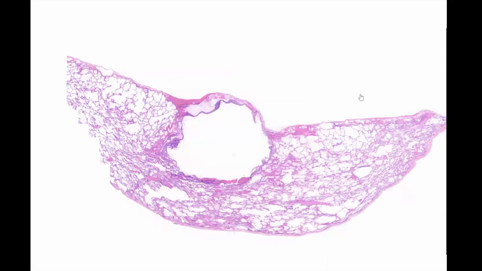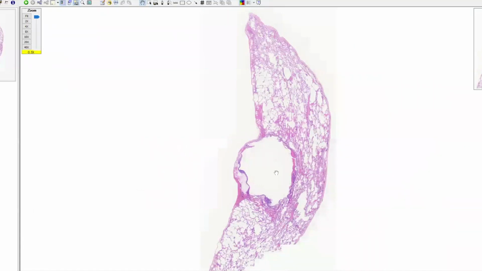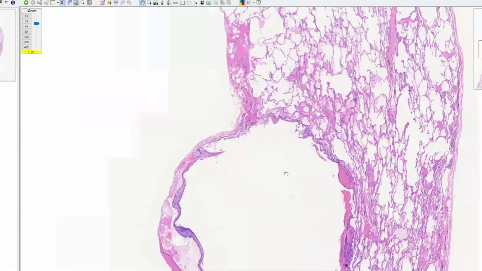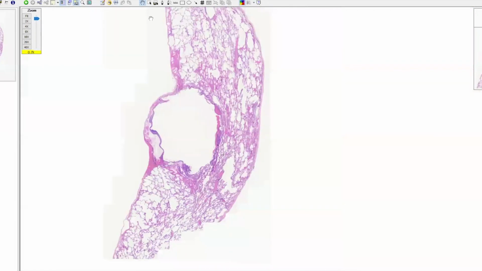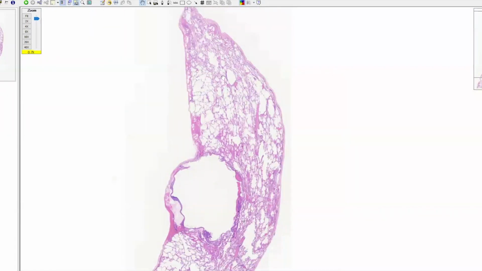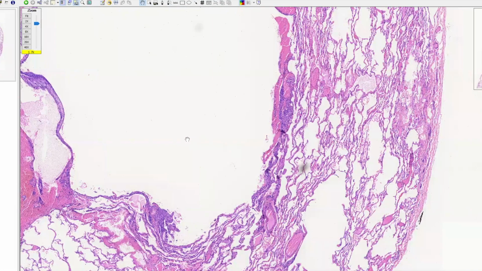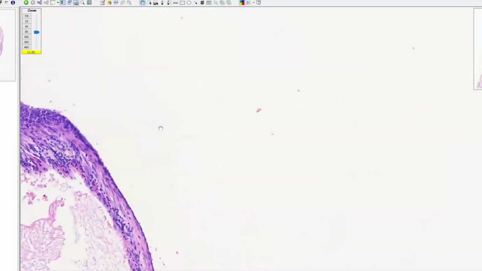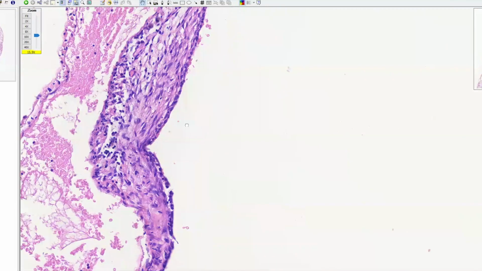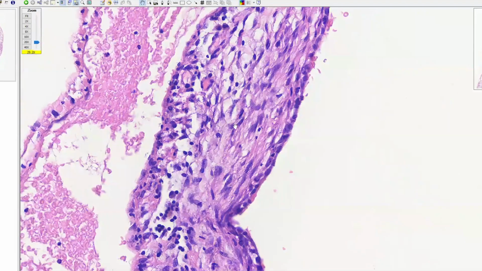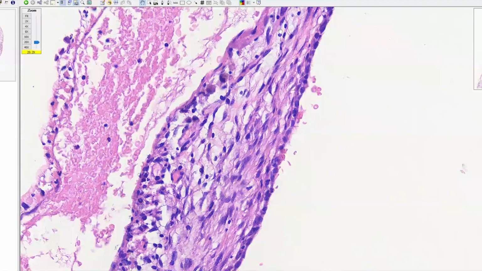In this case, you can see from low power that we do have a cystic lesion here, and it's quite prominent. Then you see some smaller cysts around here as well. Let's take a look at this cyst and see if we can figure out what's going on. In the wall of this cyst, we have these more spindled cells proliferating.